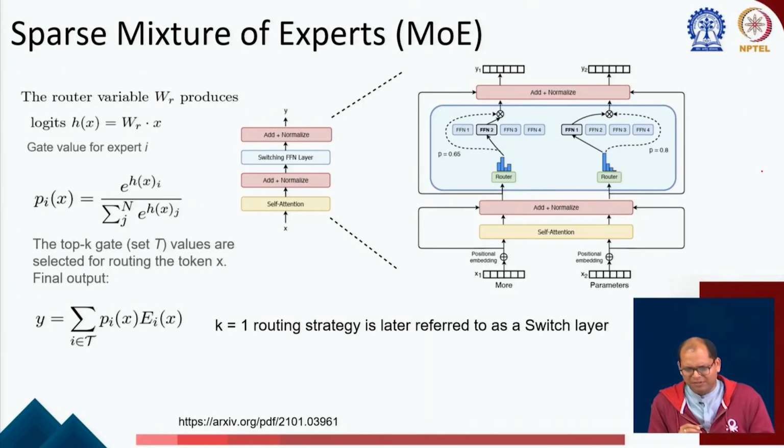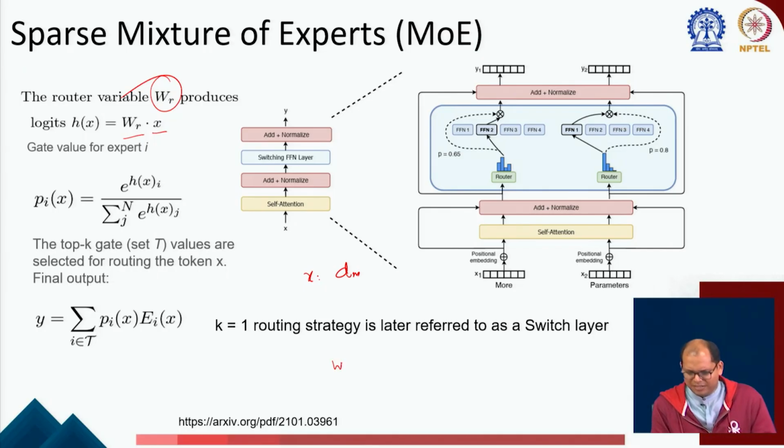Now, if you want to look into the equations, how this happens is also not very difficult. So you have this router variable WR, and this is your input. The input x will be of the model dimension, and WR will take the model dimension to the number of experts.